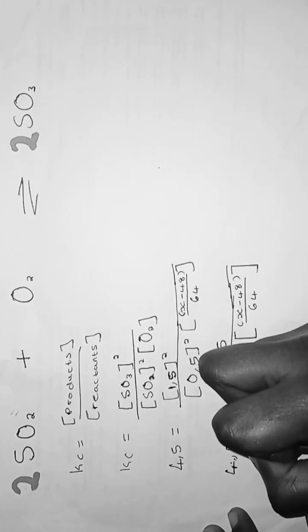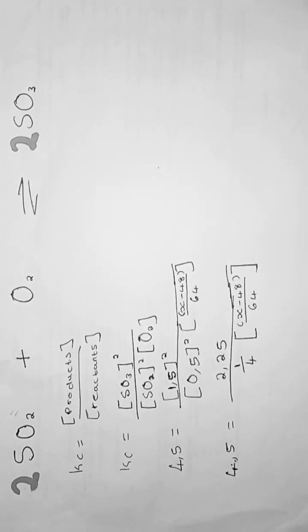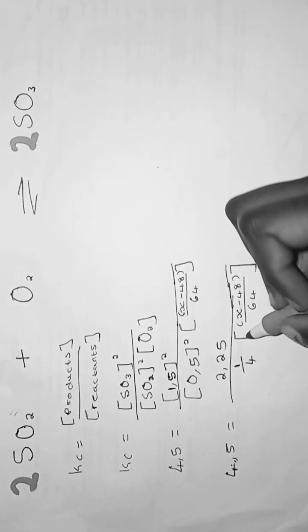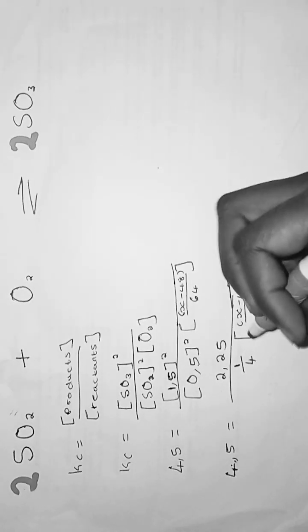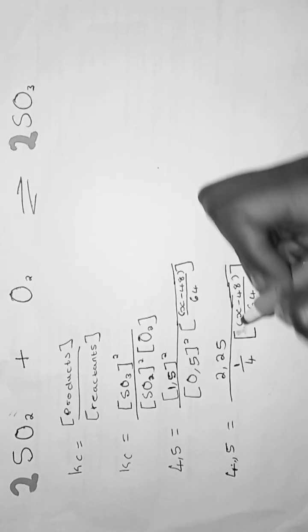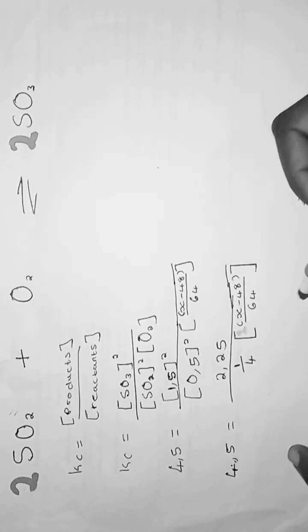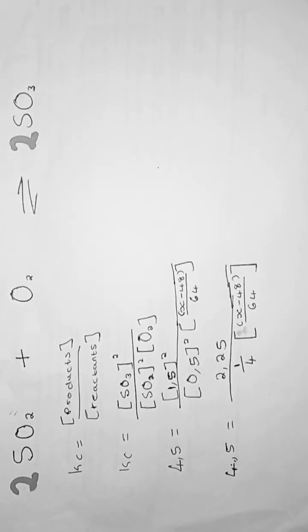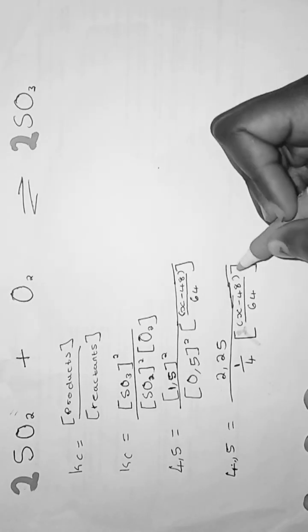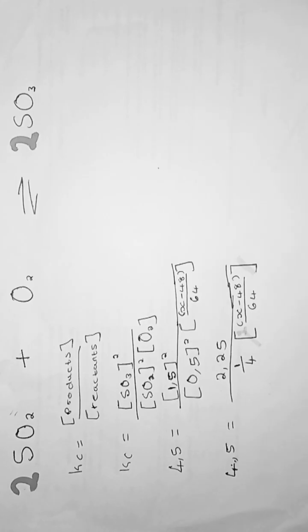After that, I'm going to multiply my 1 over 4 with the invisible one here. We have an invisible one here. So 1 over 4 multiplied by 1. Those brackets are going to be cancelled because I've multiplied it with an invisible one.